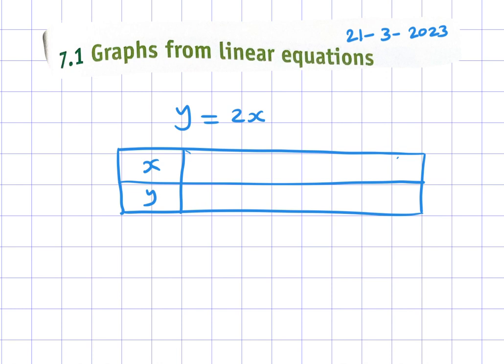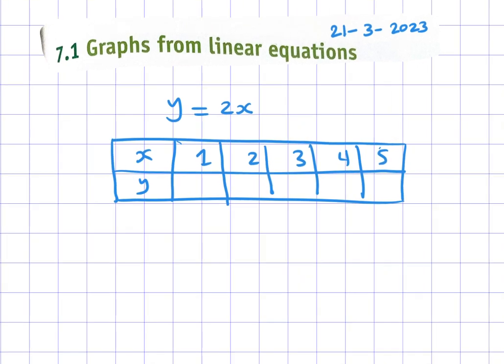The linear equation is represented by a straight line. So to draw the straight line, we need points. For example, you can put x equal 1, 2, 3, 4, 5, and so on.